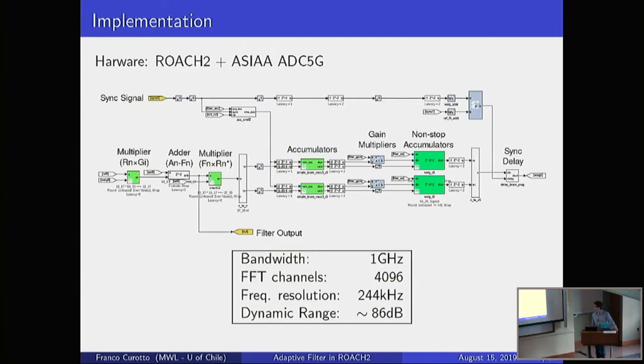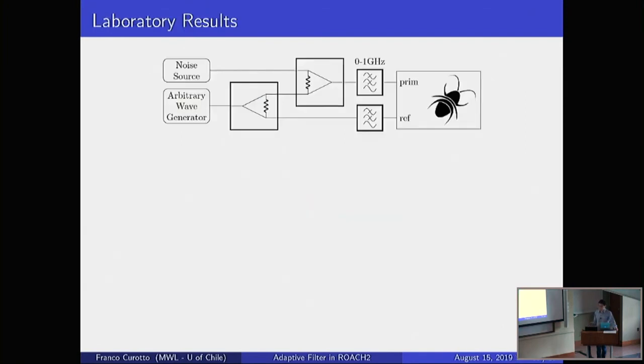In the table below, you can see the information about the complete filter. It has a bandwidth of 1 gigahertz and 4096 frequency channels. That gives you a frequency resolution of 244 kilohertz and a dynamic range of 86 dBs.